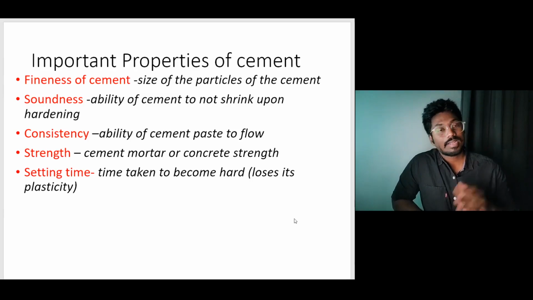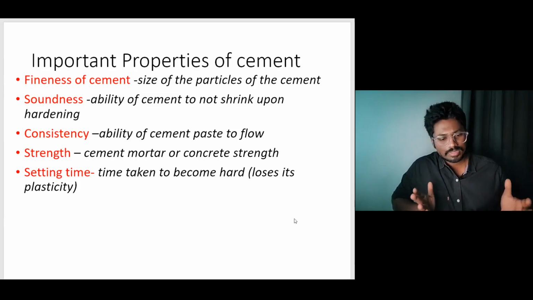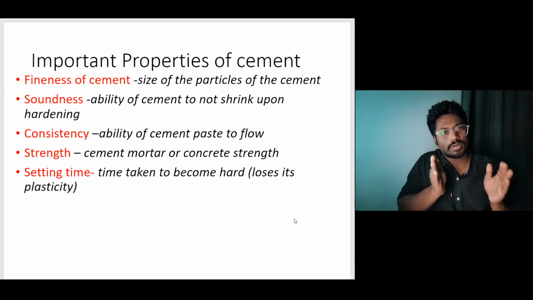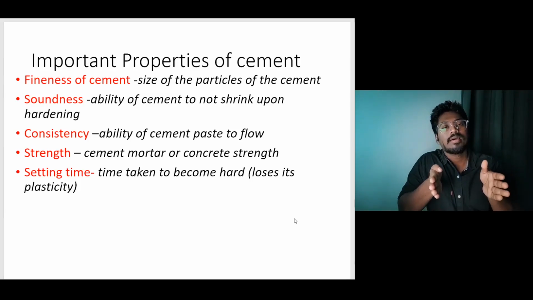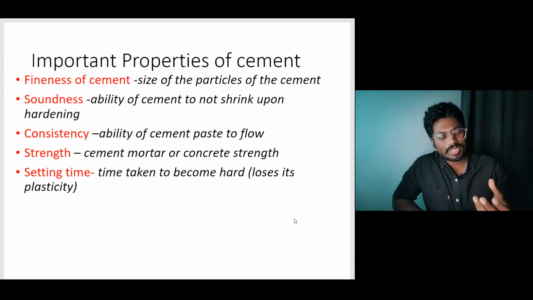Soundness of the cement. Now the thing about cement is that when the cement is mixed with water and left to dry, on drying the cement has a tendency to shrink. The given size of that particular cement brick or cement mold on drying will have the tendency to shrink. Now this shrinking when the cement hardens over time is called soundness.